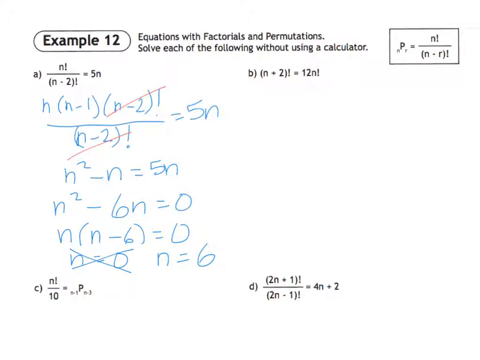Let's also have a look at C, just because when I look at it off the top of my head, I'm not sure what to do with it. So we might as well try it. This is C: n factorial over 10 equals (n minus 1) pick (n minus 3).